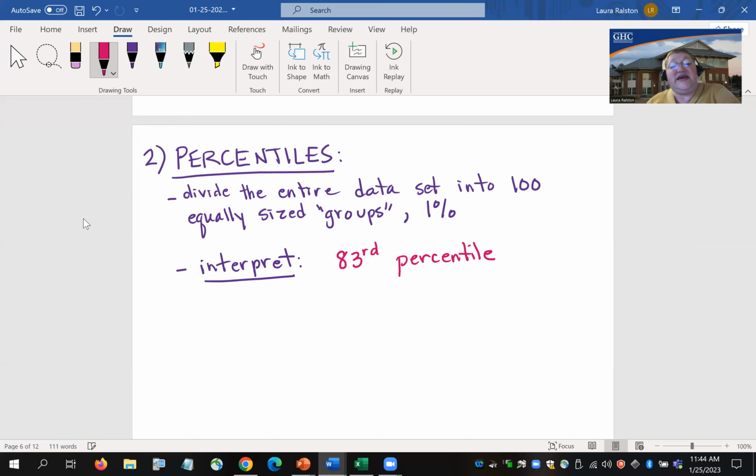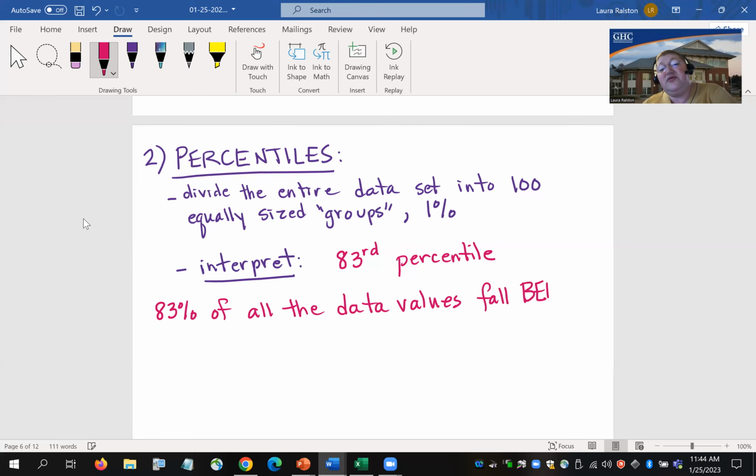What that means is that 83% of all the data values fall below your score. Okay, if you are in the 83rd percentile, that means that 83% of all the data values fall below your score.